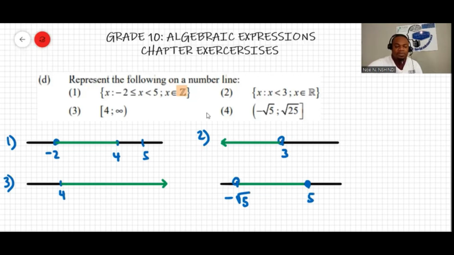Now let me recap. For question 1 especially, over here the set is Z, okay? The set of integers. Now integers doesn't take into account decimals or fractions. So if they say x is lesser than 5, meaning it's stopped by 4, okay? It cannot be 4.5 or 4 and a third and something like that.